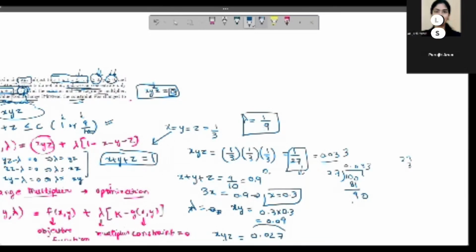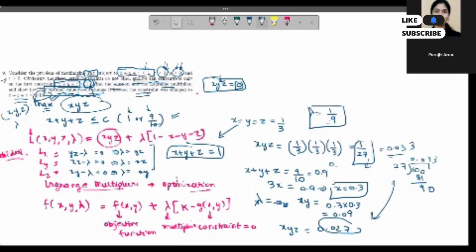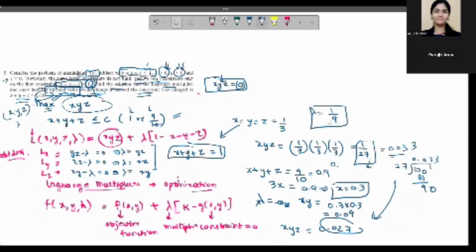But now, 1 upon 27. XYZ under the initial constraint. So it is only asking us to tell the change, what we got happening, 0.027, which is lesser, right? So the optimal value decreases, the function has come down.